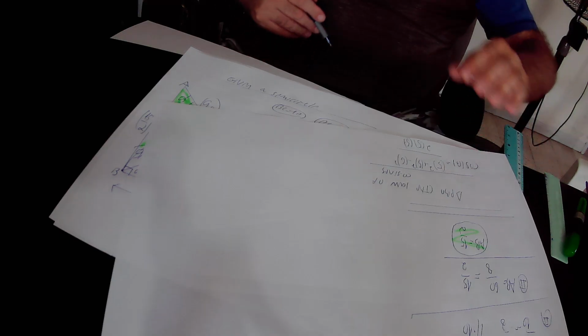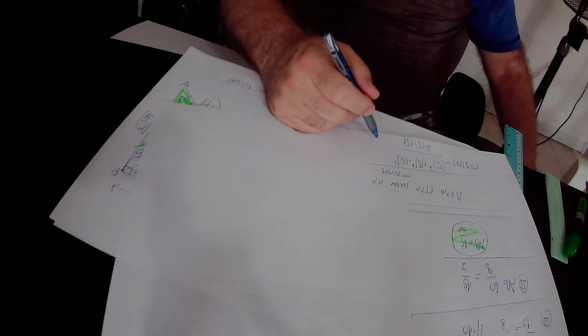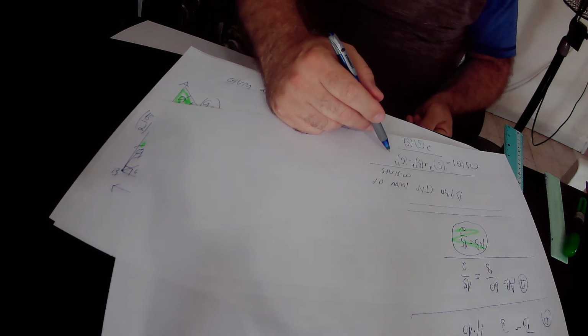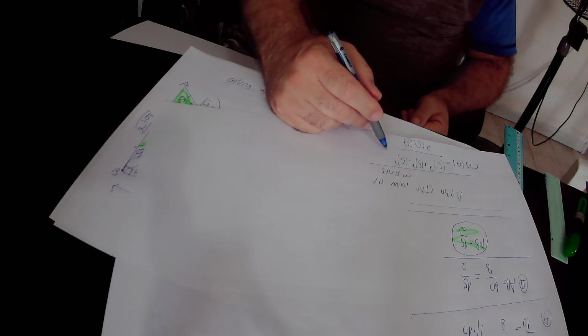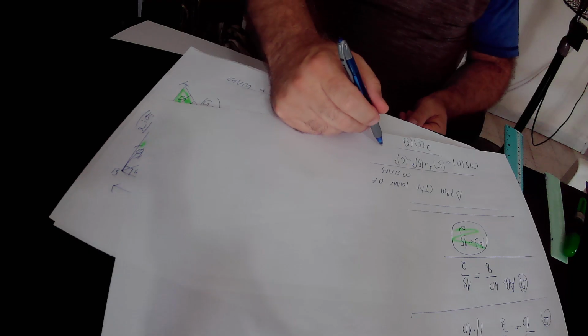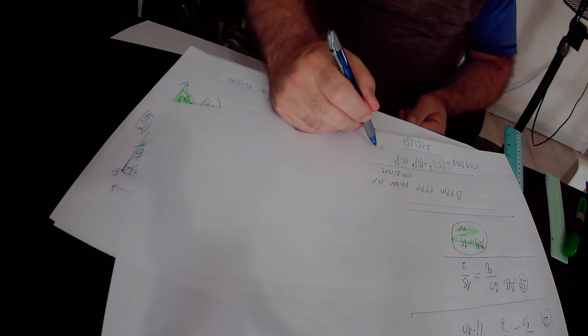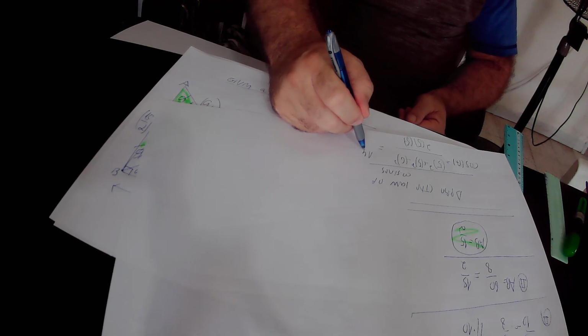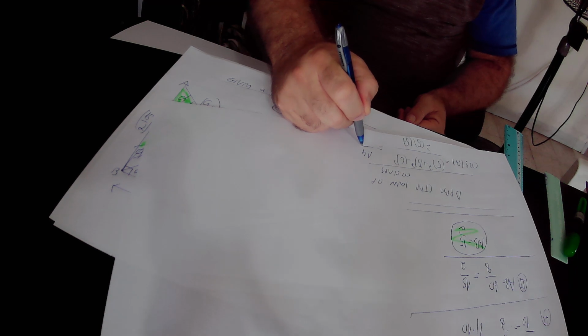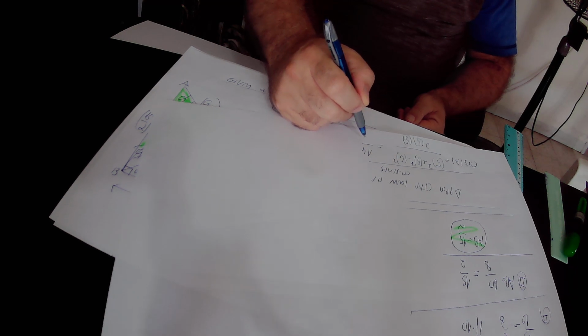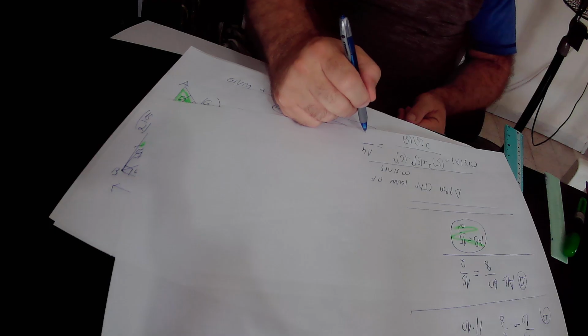So cosine theta equals 5 squared is 25, plus 5 squared is 25, in total 50, minus 6 squared. 6 squared is 36. 50 minus 36 is 14, over 2 times 5 times 5. 5 times 5 is 25, and 25 times 2 is 50.